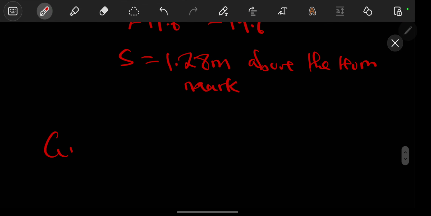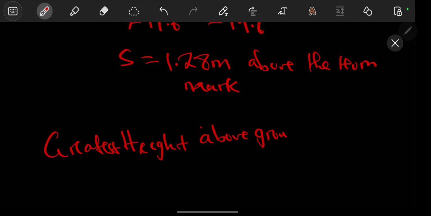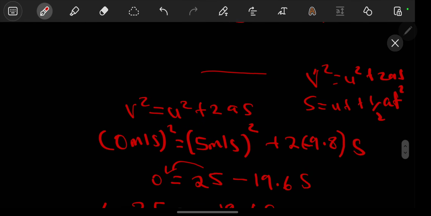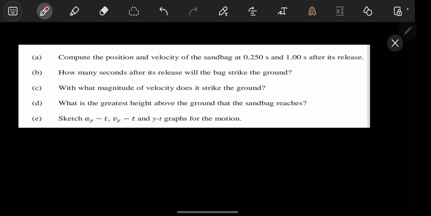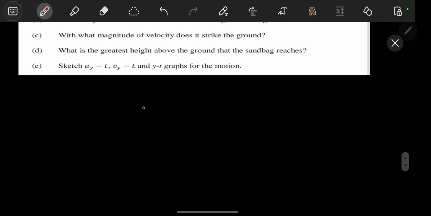So greatest height above ground, you are just going to say 40 plus this height reached, 1.28. This will give you 41.28 meters. So that is how we go about that one. Let's look at our next one. Last but not the least, we are required to sketch a graph of our acceleration a_y against time.